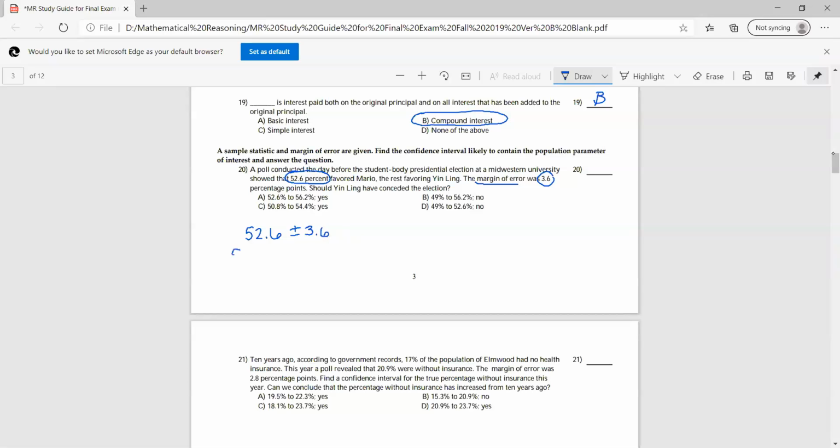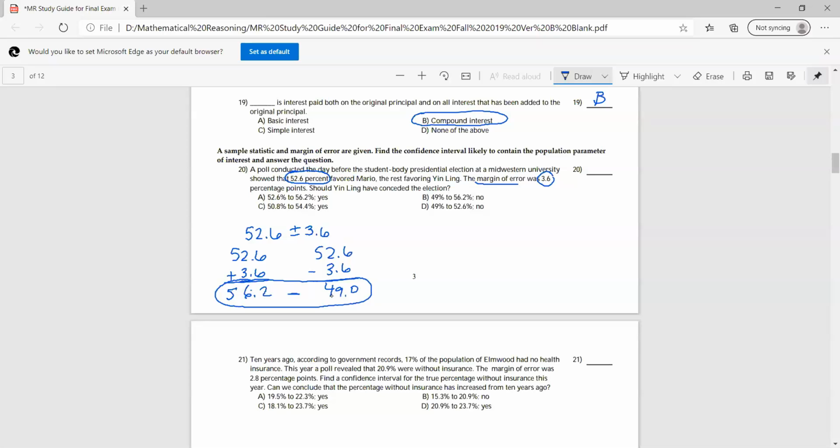So you want to do 52.6 plus 3.6, and that's going to give us 56.2. And you also want to look at what happens when you subtract the 3.6. That is 49.0. So this is the actual chance that he has to win the election when we consider our margin of error. It's going to be somewhere between 49% and 56.2%.